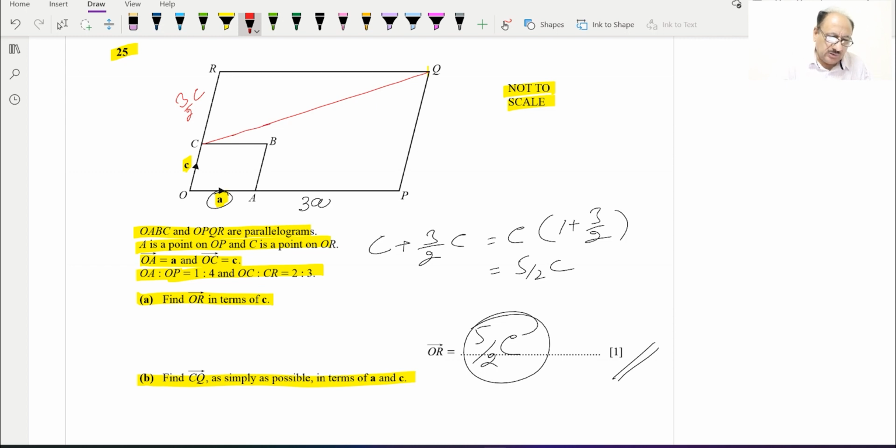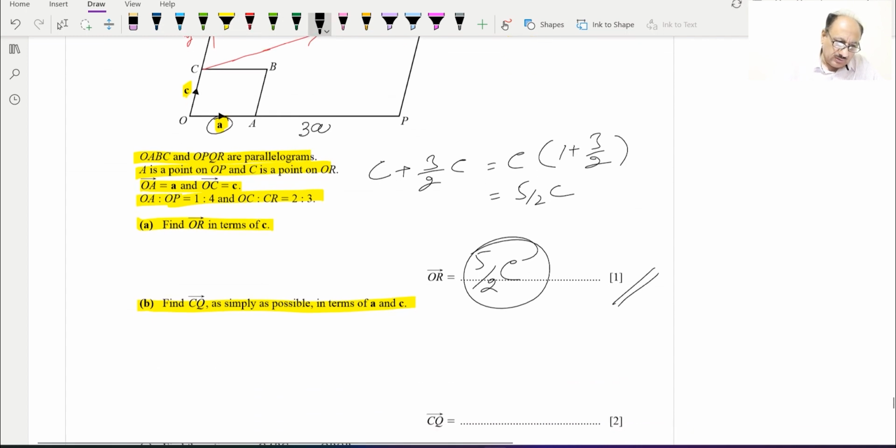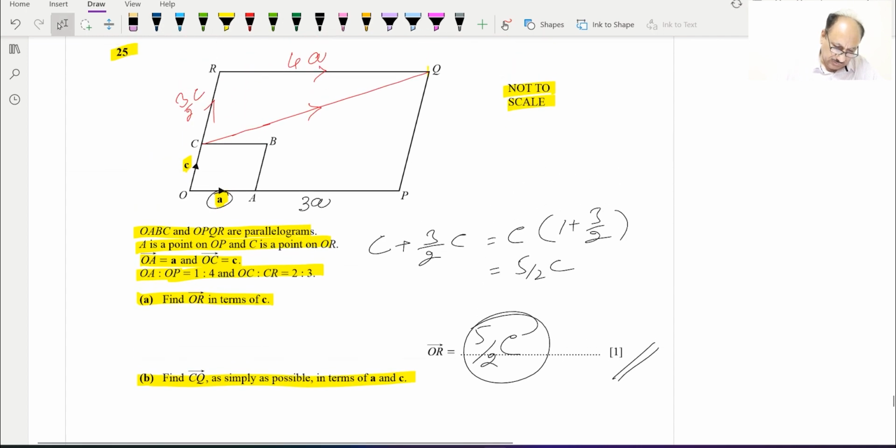So the CQ vector will be in this direction. We know this side is 4A, which is this direction, and this is 3/2C.